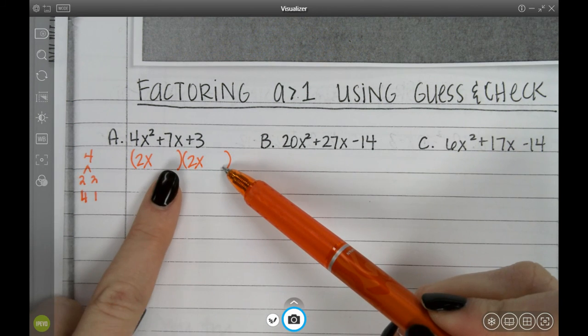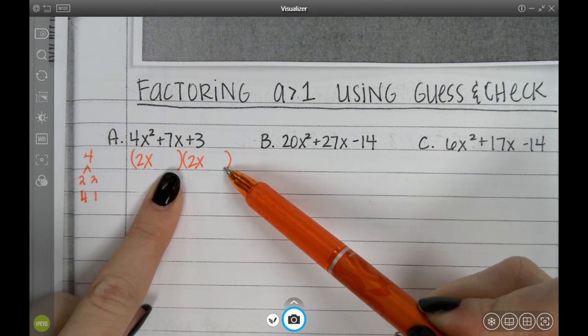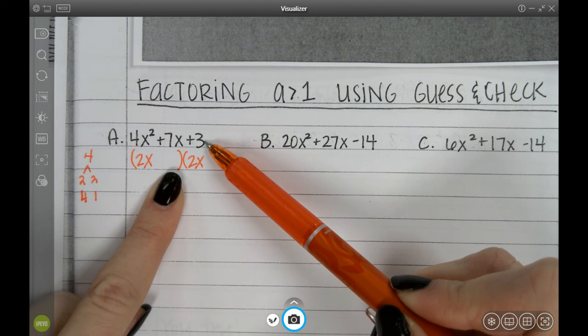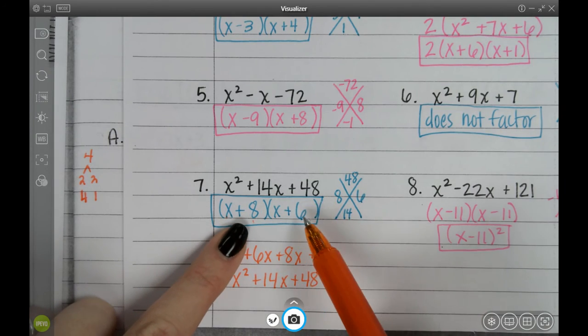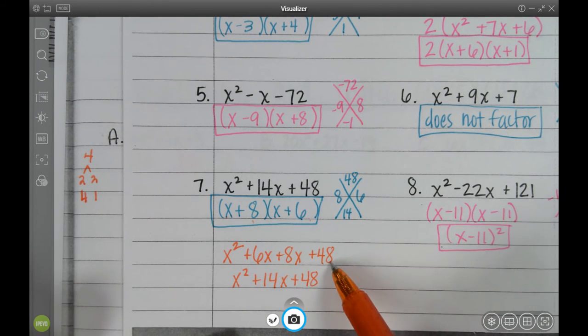And then I need these last two terms in the parentheses to multiply to give me what? 3, right? Because right here, the 8 times the 6, that gave me this last term of 48. Same thing here.